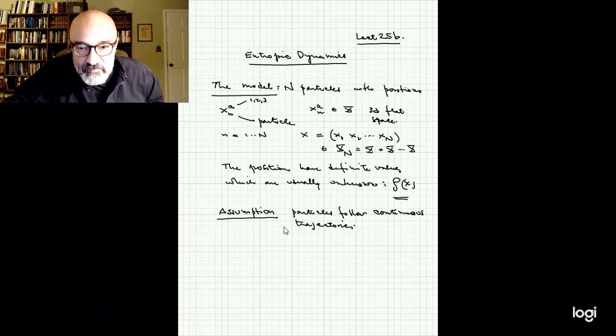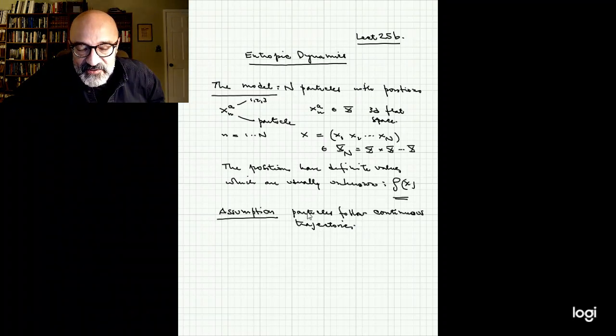So when I say particles follow continuous trajectories, what I'm doing here is follow Newton. Not so much in saying we're going to find out an equation for the trajectories, but follow Newton in saying we're going to use differential equations to formulate our laws of physics. So that's the big deal here.